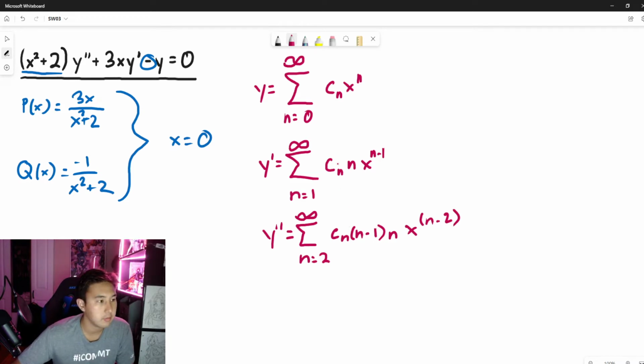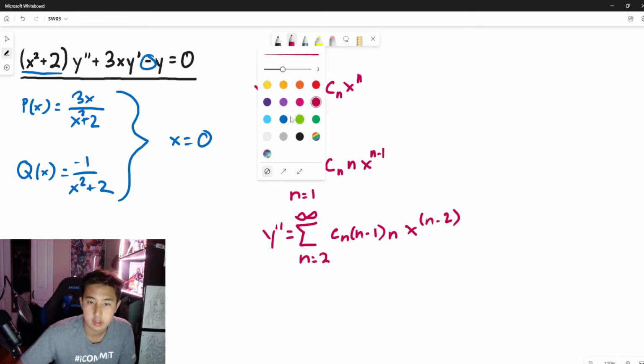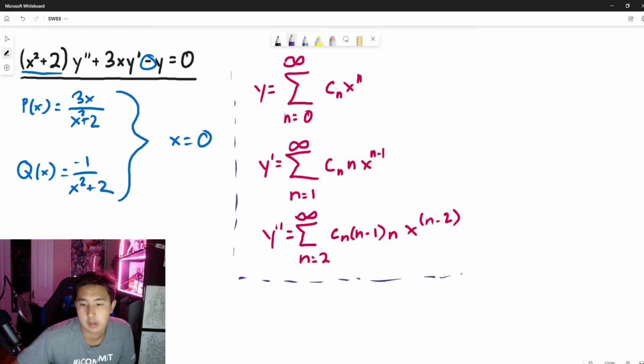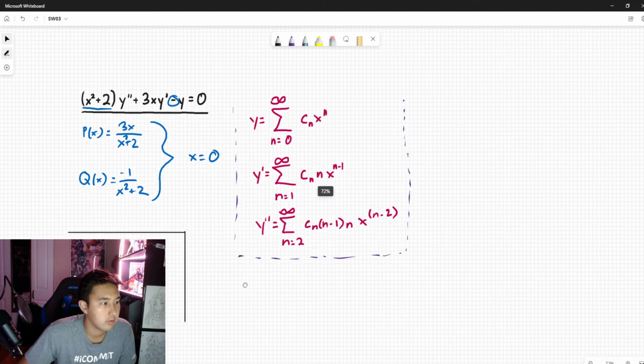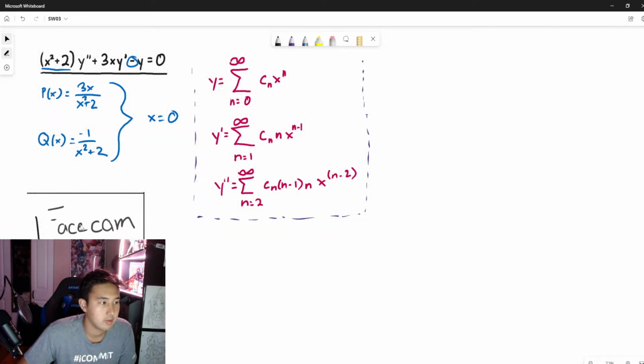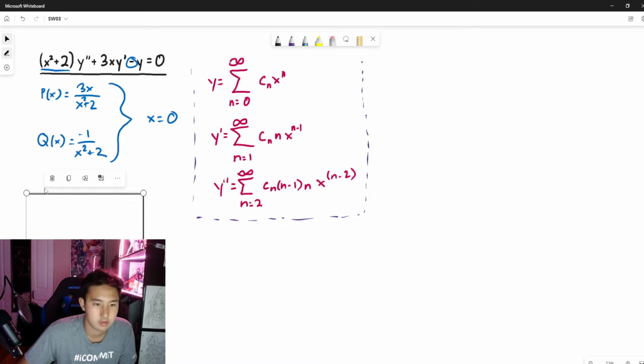Okay, and then from there we need to start plugging into the equation. First we can rearrange the original differential equation.